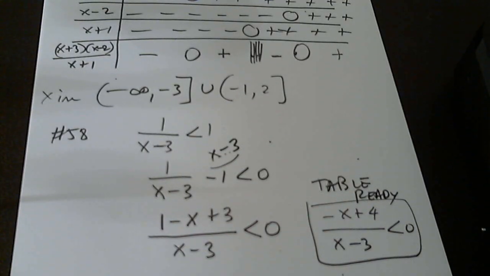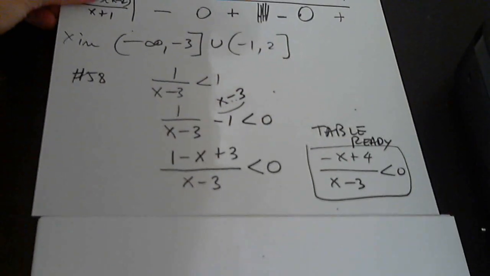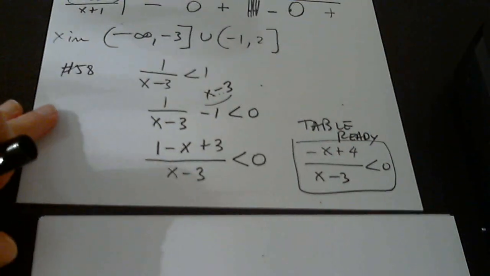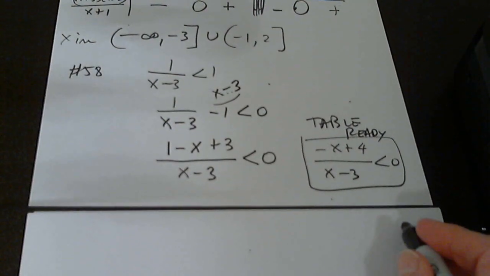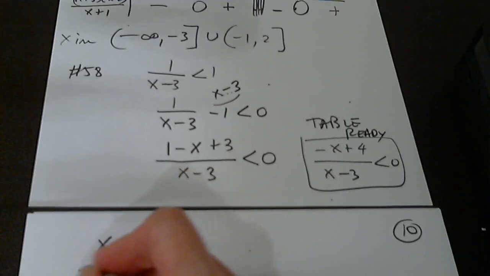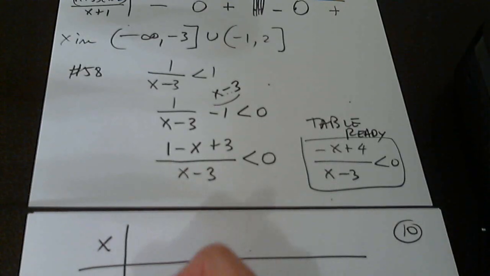Now I got it. With a little bit of algebra, I was able to get it into the format that allows me to solve it. So now, that's table ready, and it's done.